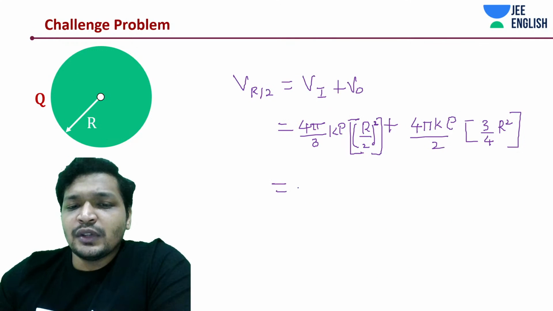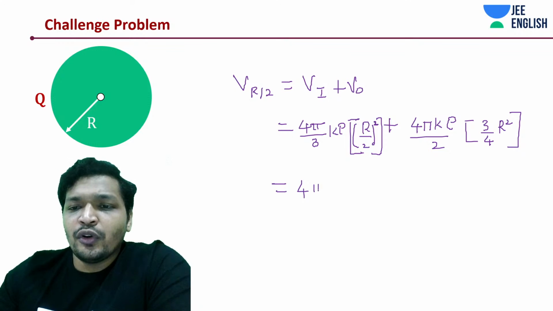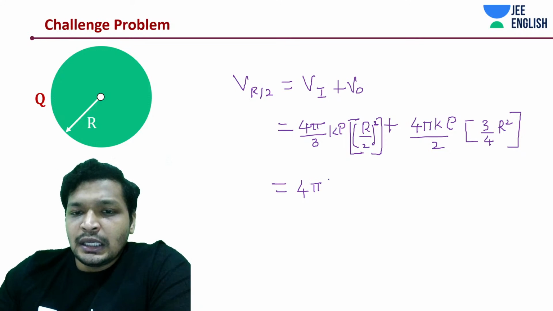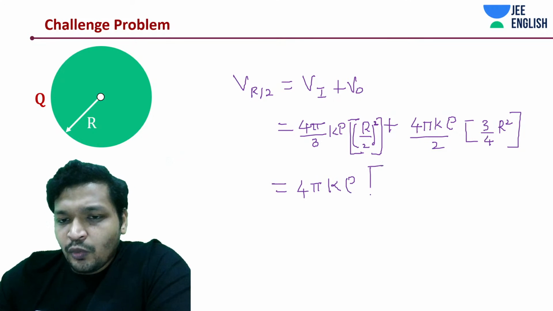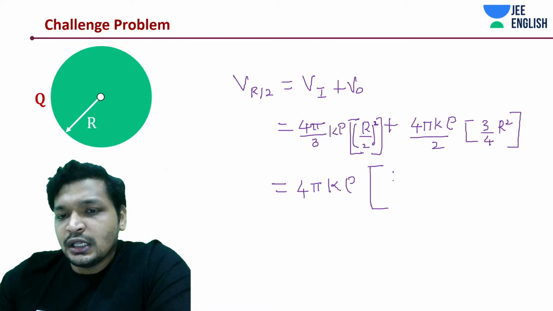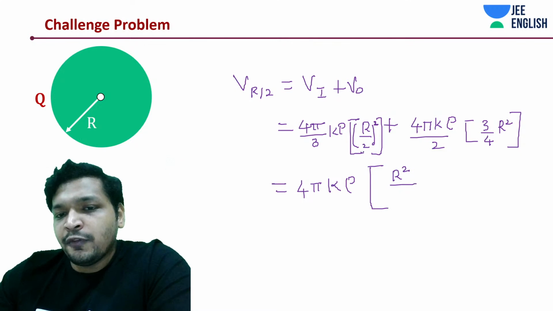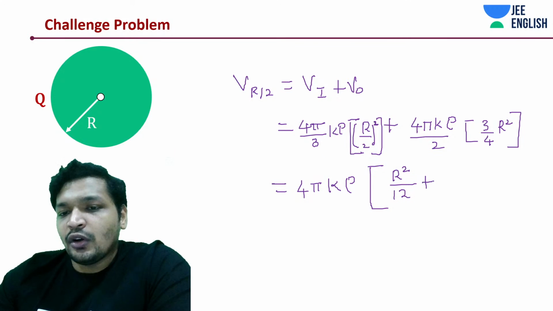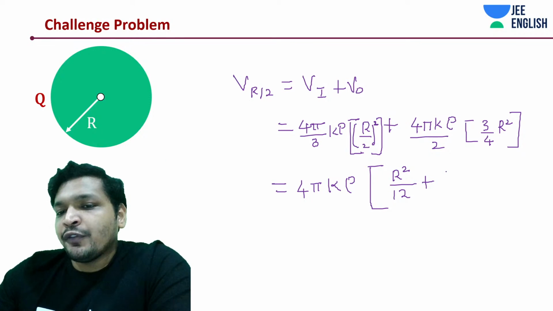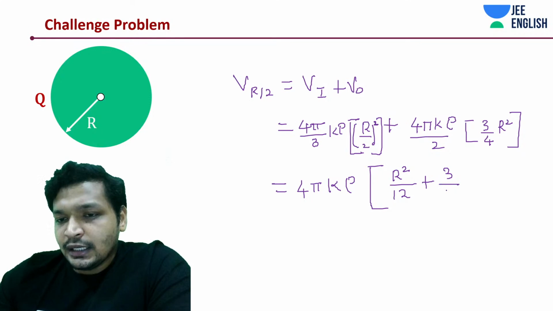So post this, you will get something like 4 pi k into rho. These are all common terms. What is left over here is r square divided by 4, 2 square is 4, into 3, that's going to be 12, plus 3 by 4 r square would just remain like that.